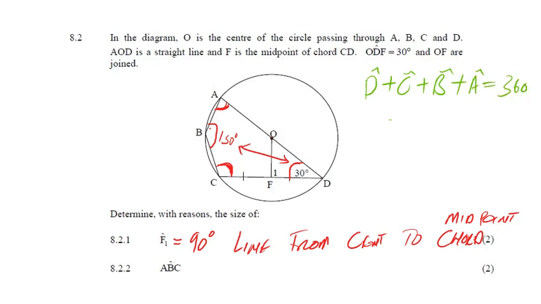Also, angle D plus angle B, because they are opposite angles, add up to 180. And angle A plus angle C add up to 180. But you can't find two unknowns. You don't know A and you don't know C. So it will be difficult to find angle A and angle C, not unless you know one of the angles.